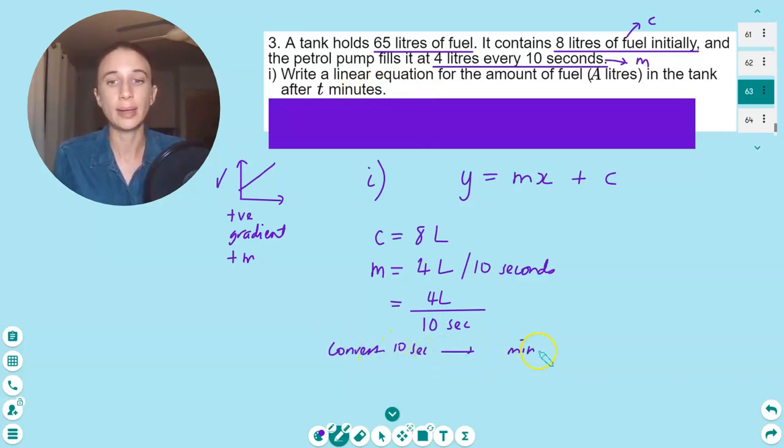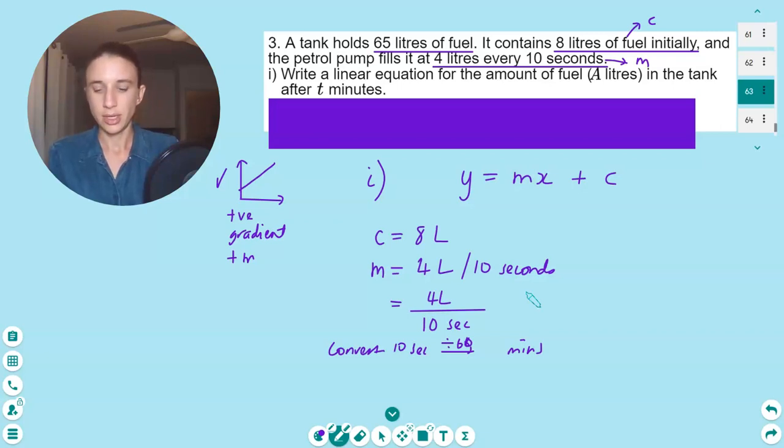How can I do that? So I know that the factor is going to be 60. Am I going to be dividing or multiplying by 60? You're going to be dividing. There are a lot of seconds in a minute. You're getting to a bigger unit. You've got to divide by 60.